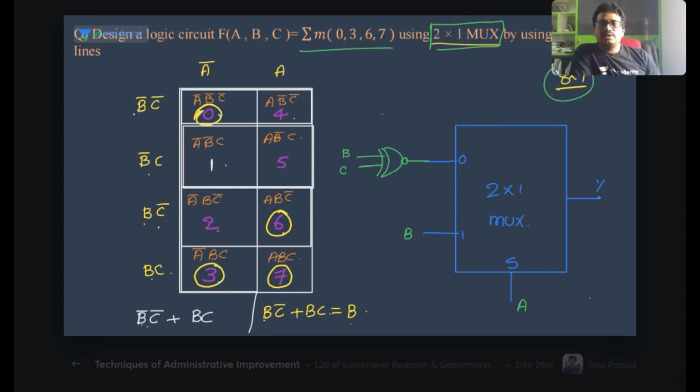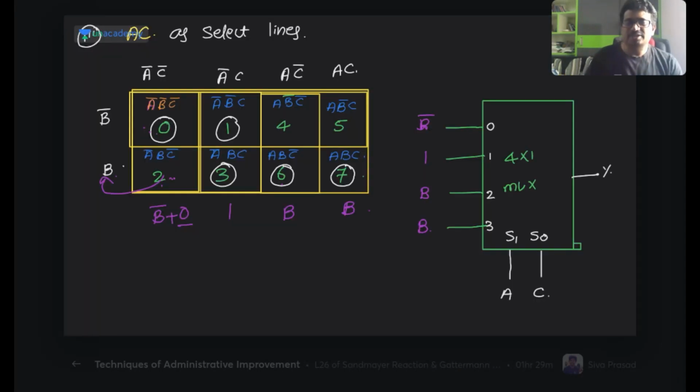But here they are asking only for a 2 by 1 mux, to implement the given circuit using only 2 by 1 muxes. So we need to proceed like this, as previously they gave a 4 by 1 mux and we proceeded like this. Whichever lines they say are select lines, we take horizontally, and whichever are not select lines, we take vertically and do the implementation like this.